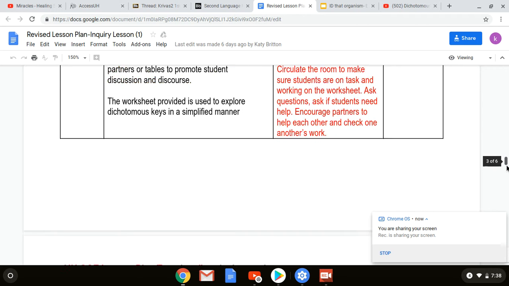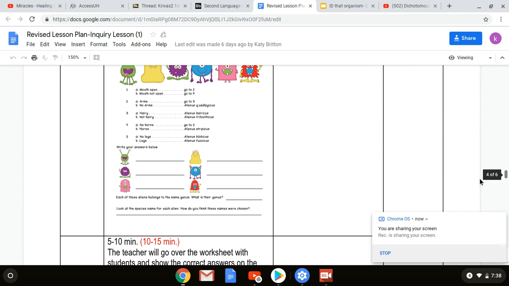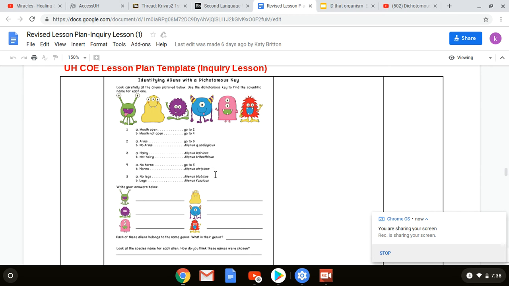Also, right here with the worksheet, I really like it. I think it's so cute, and I also saw how that connects to the video when they teach you, and it's really good. Just keep in mind the directions of the activity, how you're going to make sure your ELA students have a clear understanding of what they have to do.